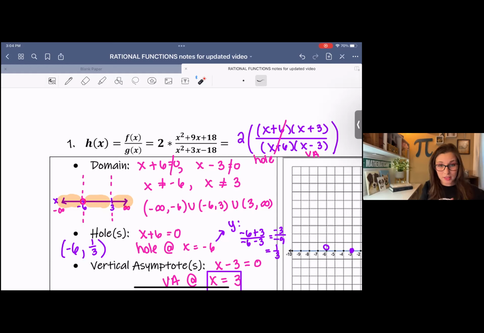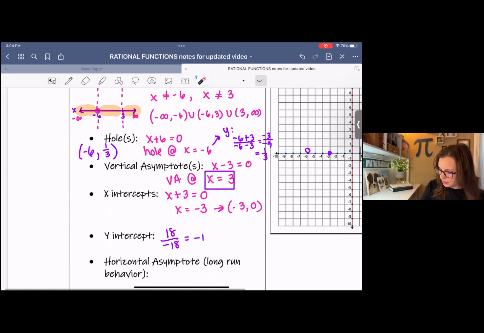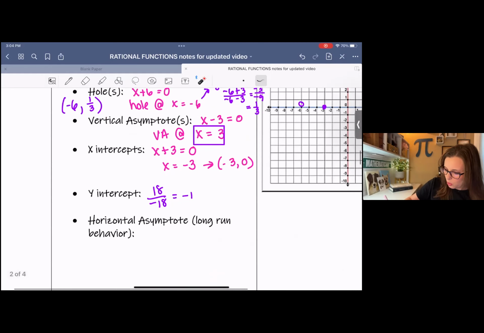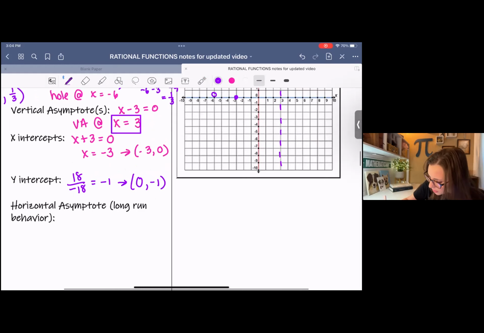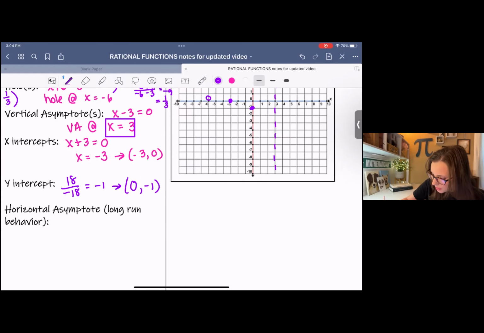And you might have noticed I didn't include it. You can include it if you want to, but basically what would happen is you'd have 2 times 18, 2 times -18, and then it would just reduce in the end, so I just skipped a step. So the y-intercept as a point, our x value was 0, our y value is -1. So then I can go right here and put a point.